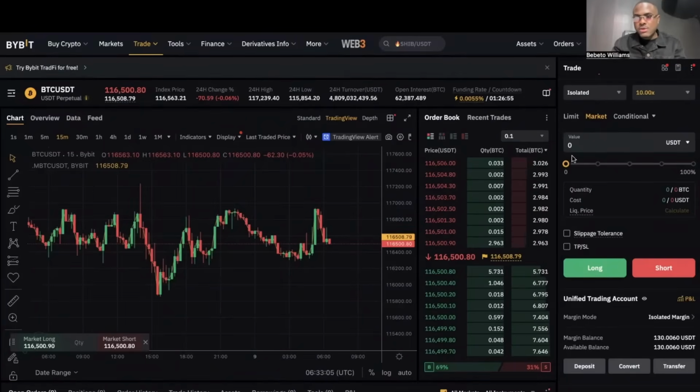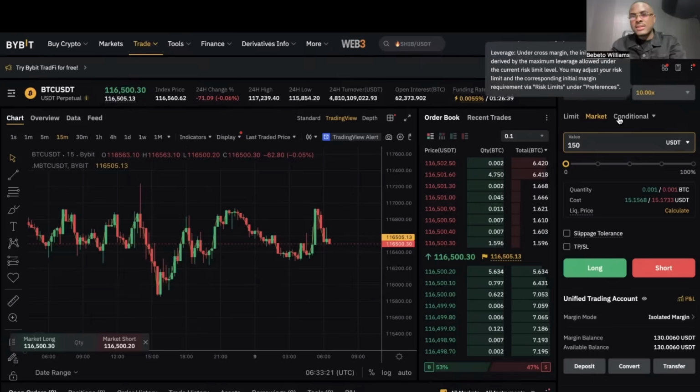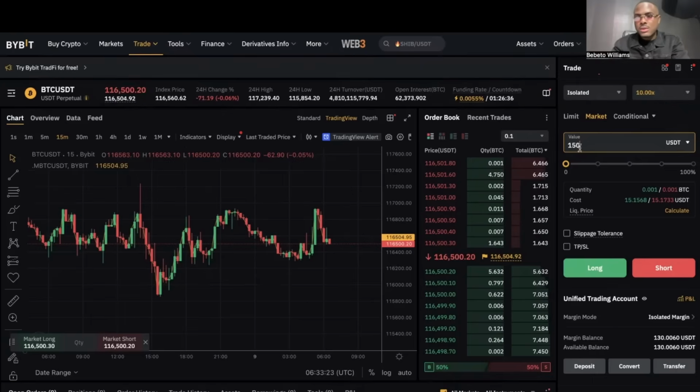Once I click on confirm, I'm now going to put the amount of USDT that I plan on risking on this trade. I want to risk $15 out of it, but I'm going to put 150. The reason I put 150 is because of the leverage here.